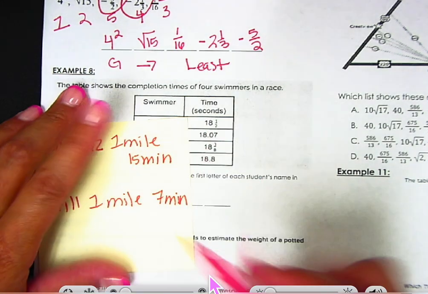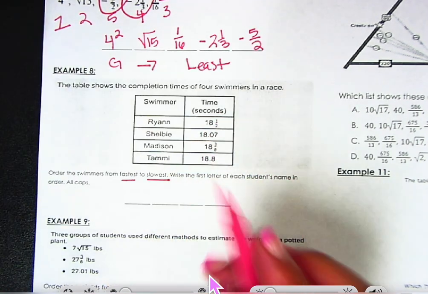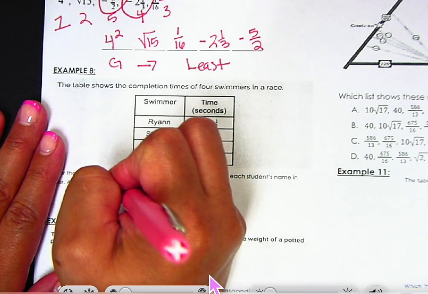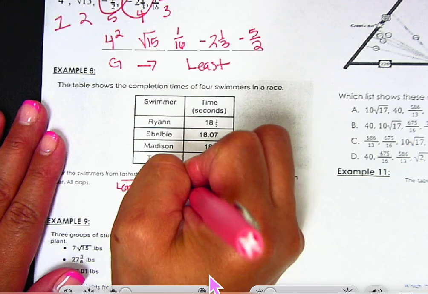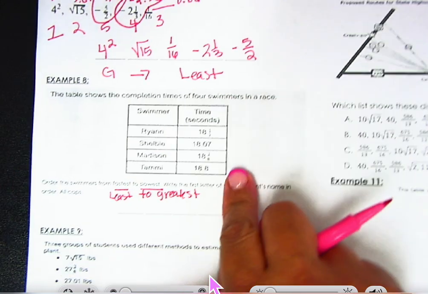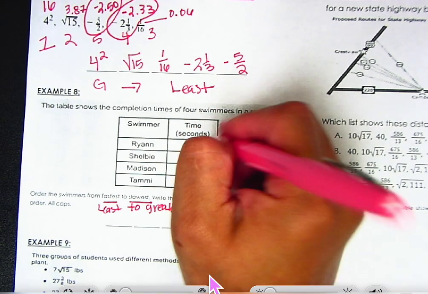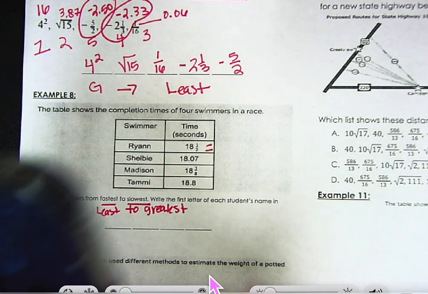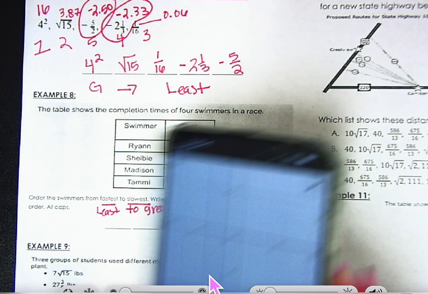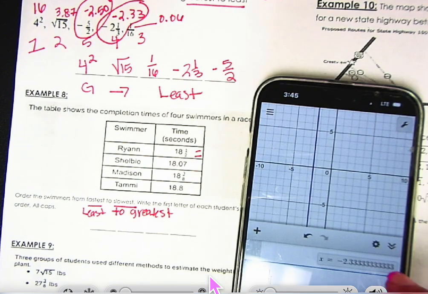Okay, so when you get something like this, think about this scenario, and I'm going to write it here: least to greatest. So you're going to put these in decimal form. You're going to go to your decimals. You're going to put 18, so you can put x equals, for this one, because remember it has a whole number.